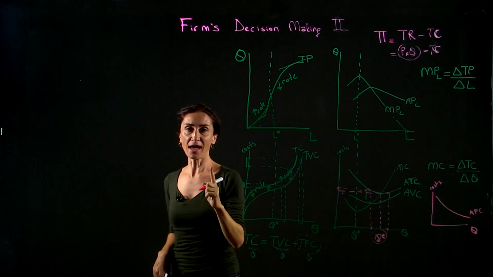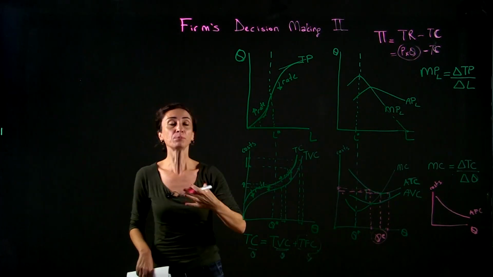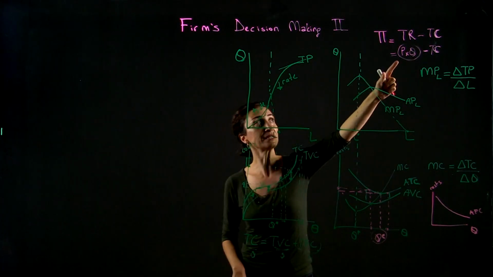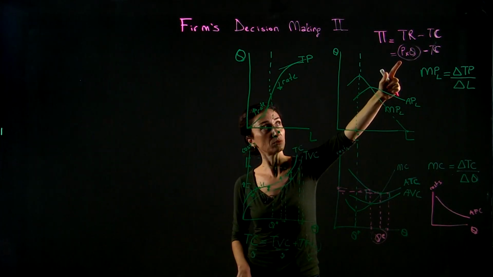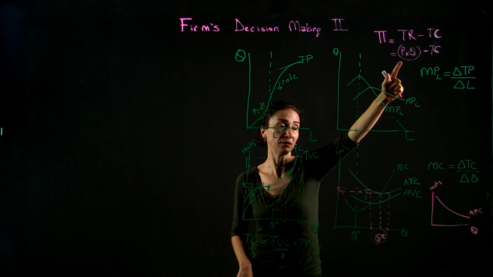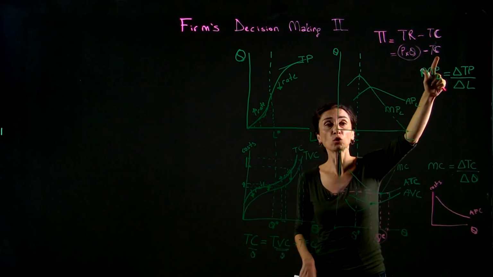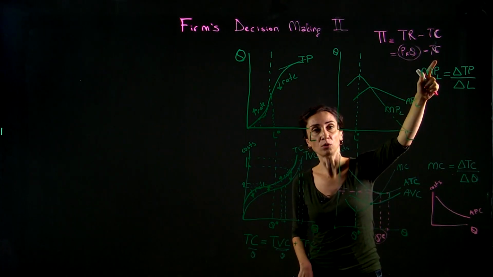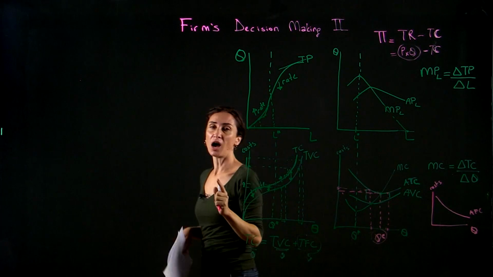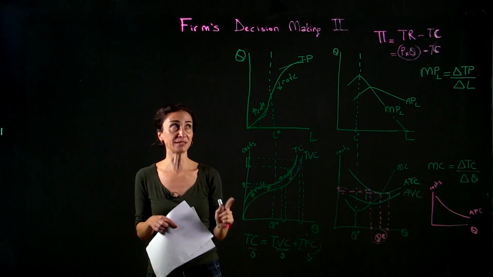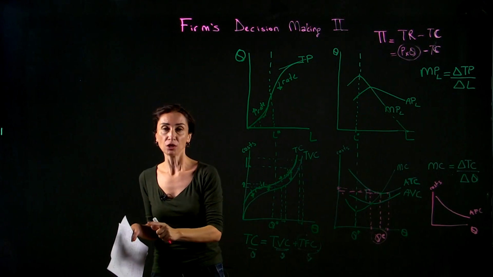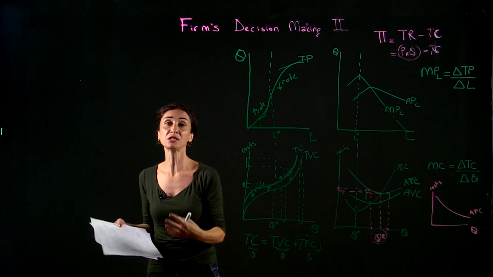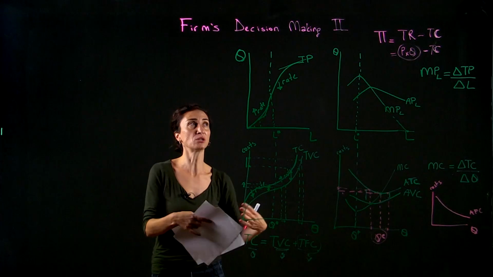So when I produce one more output as a firm, it brings me more revenue, because I'm selling it. But it also brings me more cost. More revenue, more cost. At each point, I have to compare that additional revenue to additional cost. What is the additional revenue? What is the marginal revenue? What is the marginal cost?